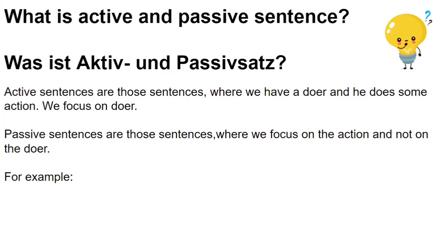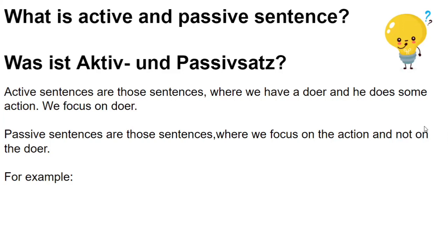So I am repeating these sentences again. Active sentences are those sentences where we have a doer and he does some action. We focus on the doer. Passive sentences are those sentences where we focus on the action and not on the doer.